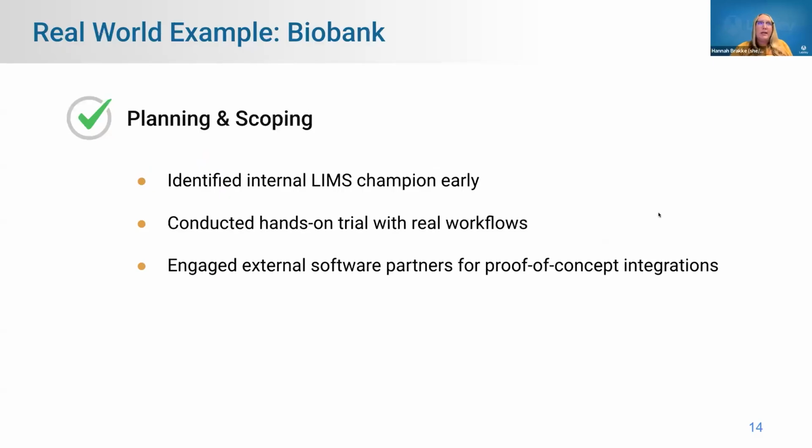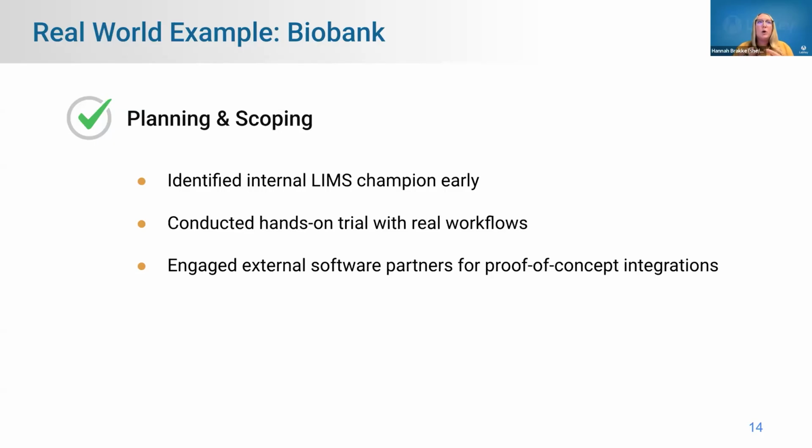So the first thing that we did here, of course, is focused on planning and scoping. So what we wanted to do was identify that internal LIMS champion early. And so in this case, it was actually very easy for us. It was a person that had been part of the evaluation process already. And so we had a good rapport with them, and they had the right level of input in both the decision making as well as the laboratory experience that helped kind of bridge that gap.